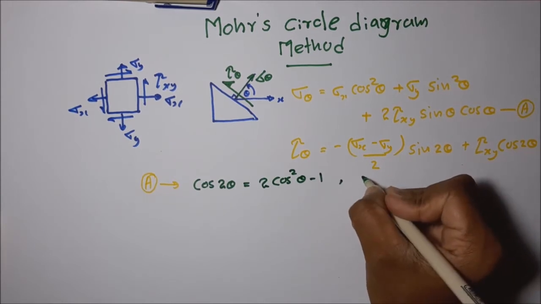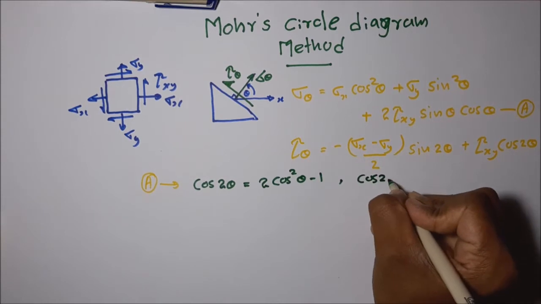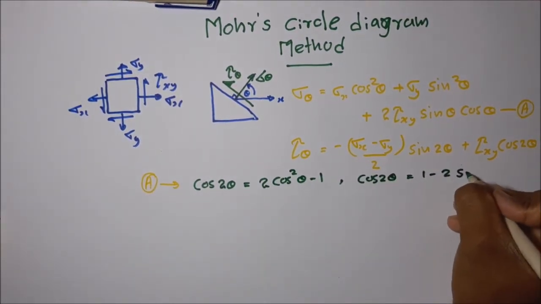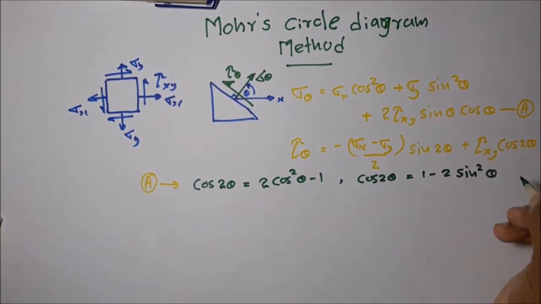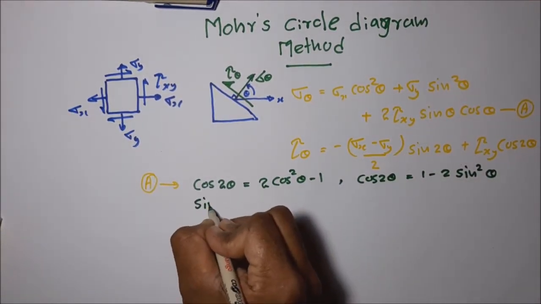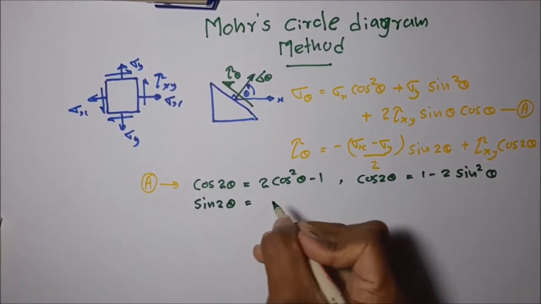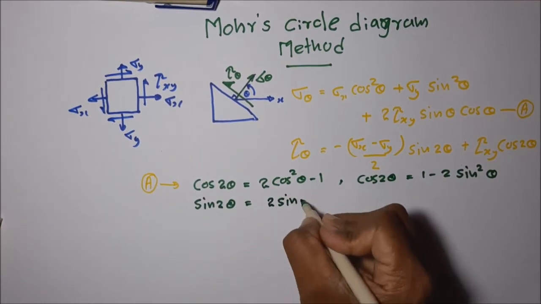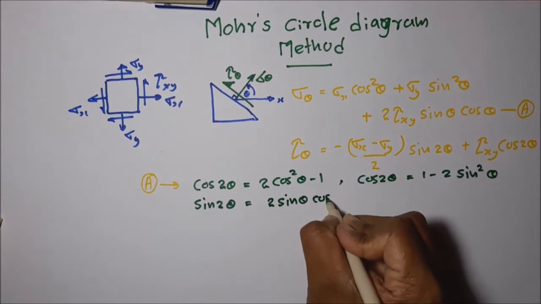Then cos 2 theta can also be written as 1 minus 2 sin square theta. Then sin 2 theta is equal to 2 sin theta cos theta.